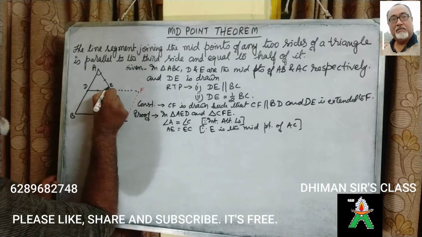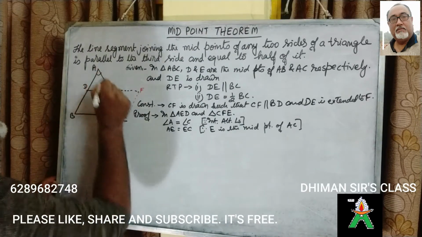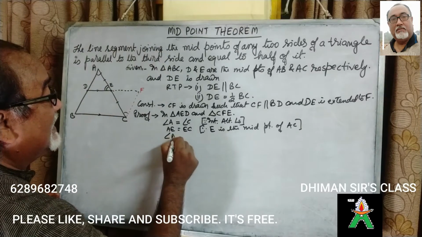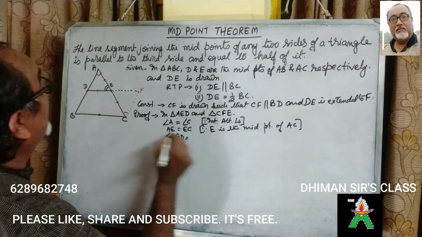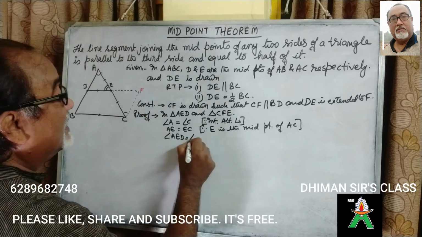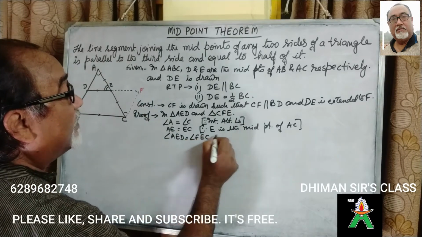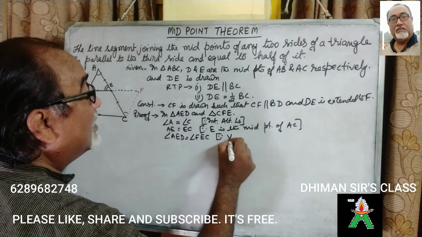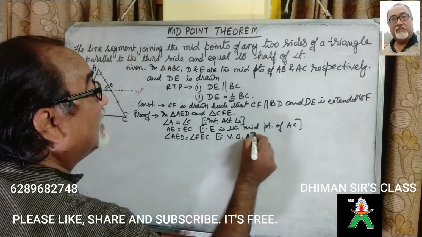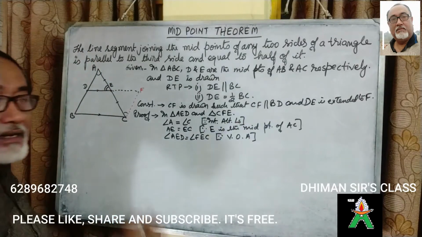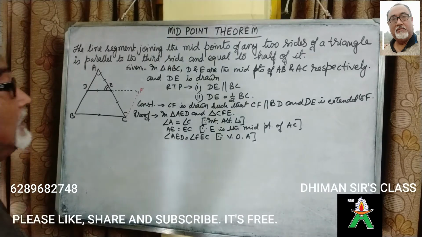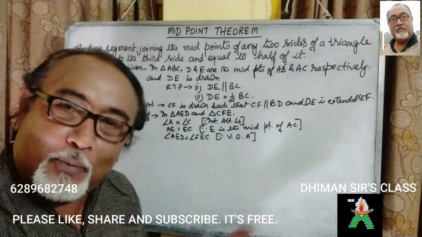And then finally, angle AED is equal to angle FEC. Why, sir? Because vertically opposite angles. I have written in short. You please try to write the full form. If you write Bhua, your marks will become Dhua.